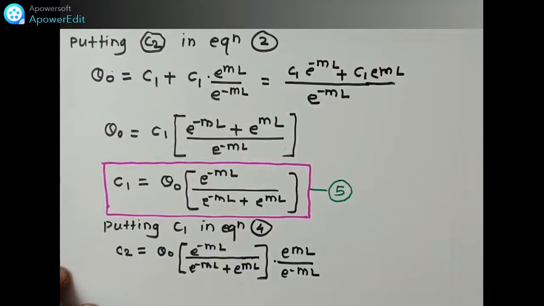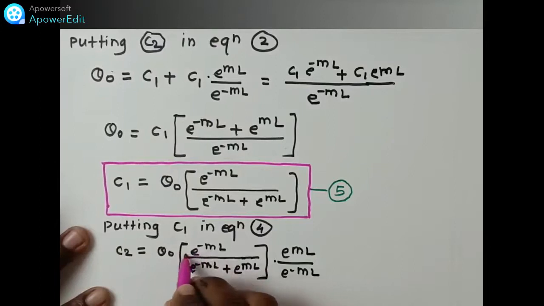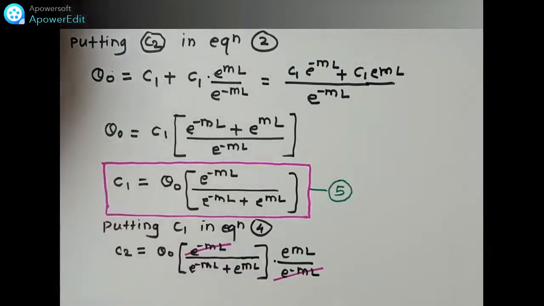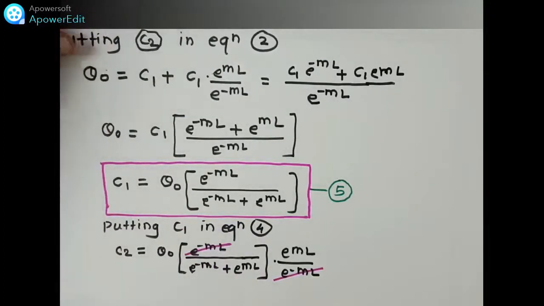So here in this case, the e raised to ml term and the e raised to minus ml terms will get cancelled.